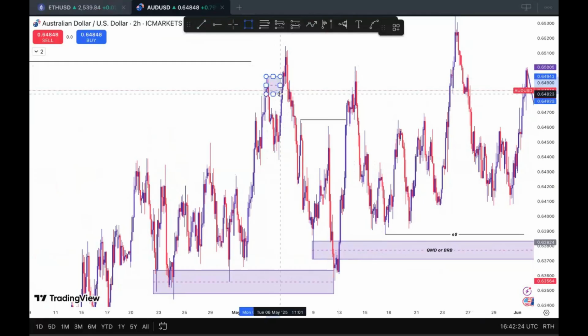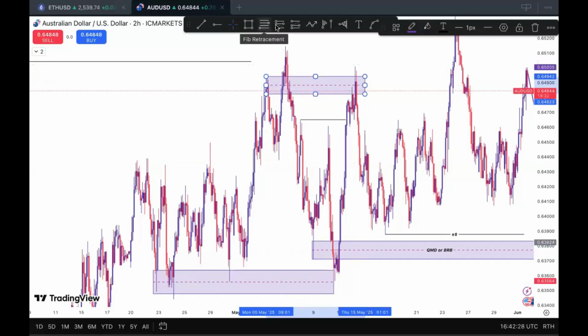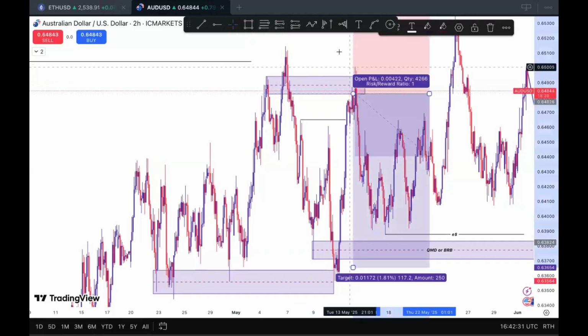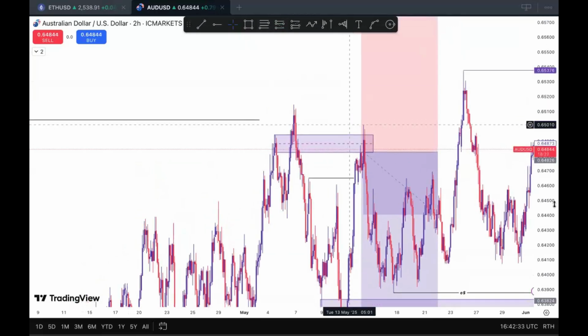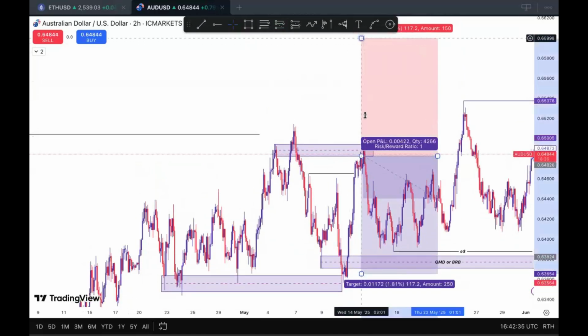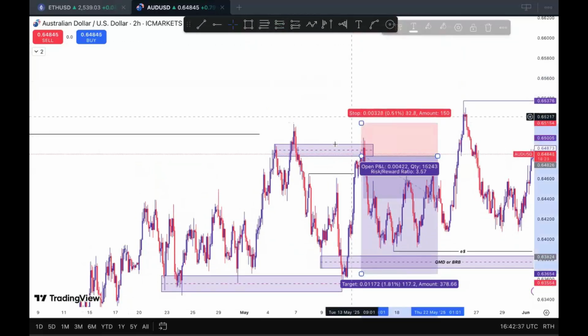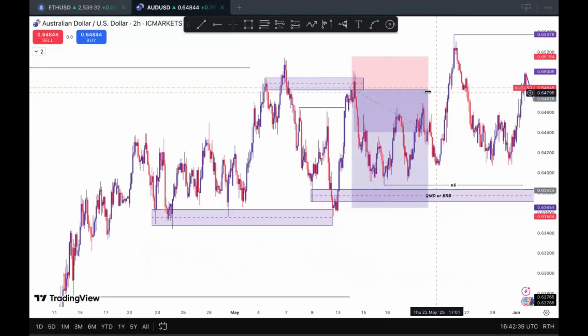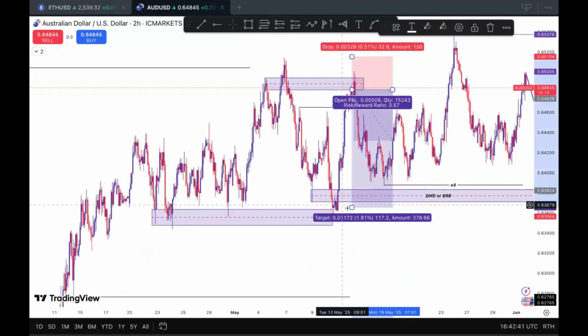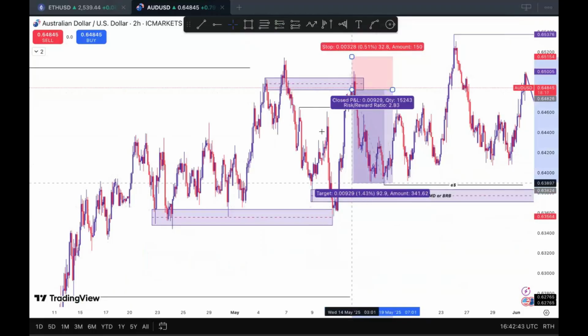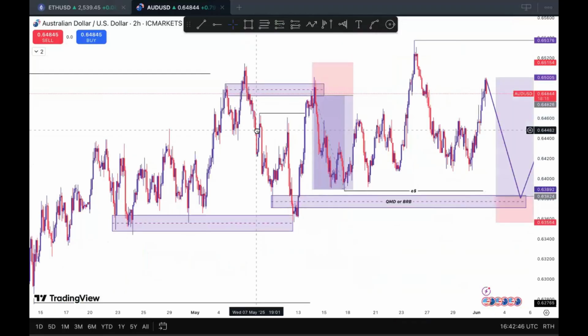This is my POI. So you can see price came in, tapped, and then protected. That's it. You wait for price. Can you see that? Sharp.